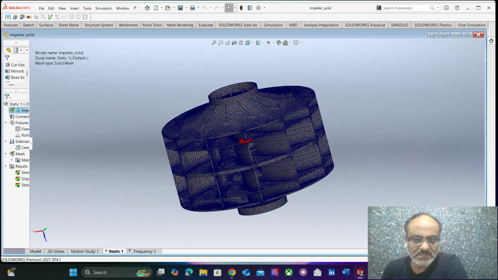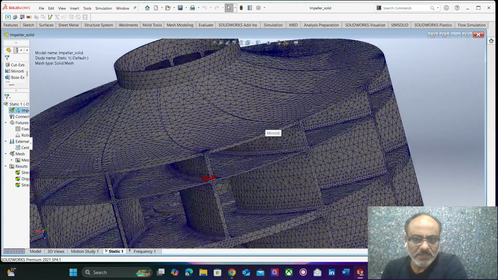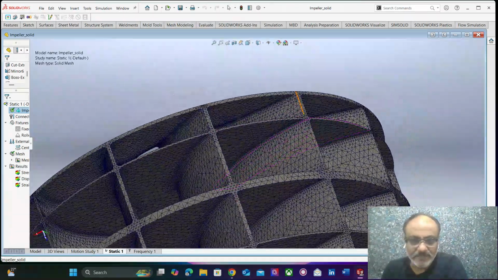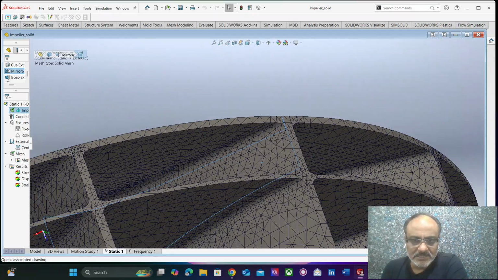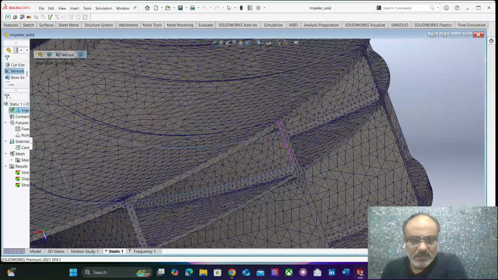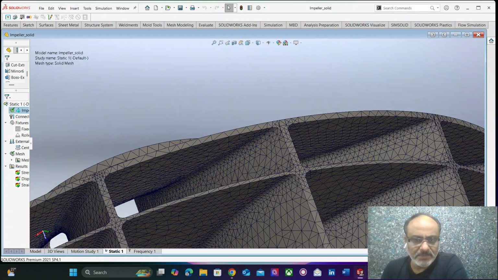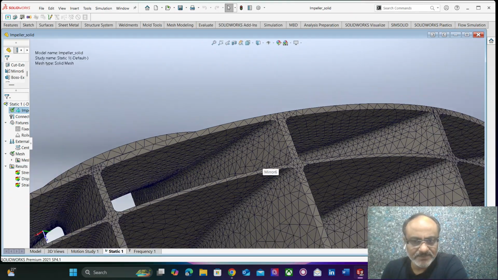In this process, this particular geometry is broken into well-defined tetrahedrons. So these elements, what you see here, are tetrahedrons. Tetrahedrons are diamond-shaped geometry structures, and that has got 4 vertices.